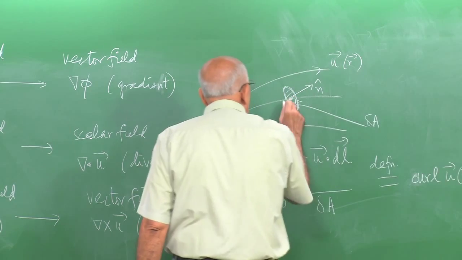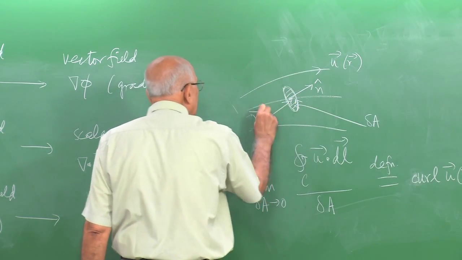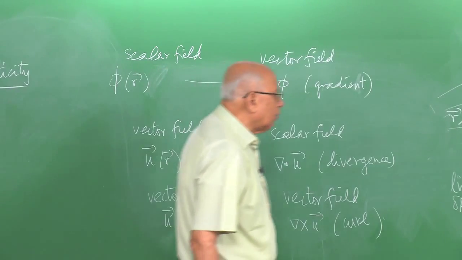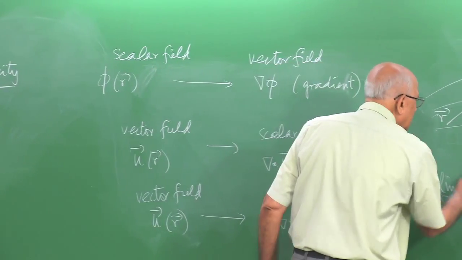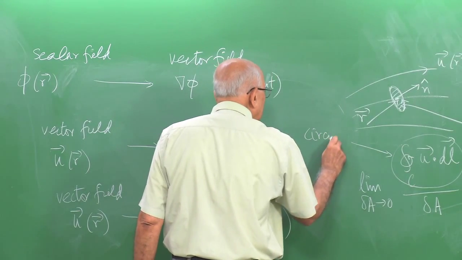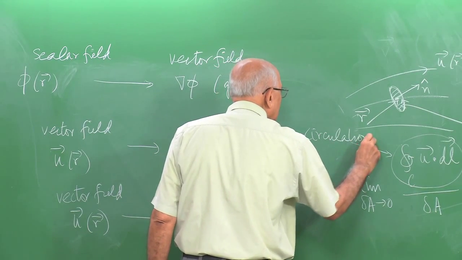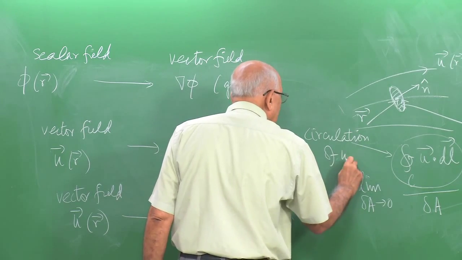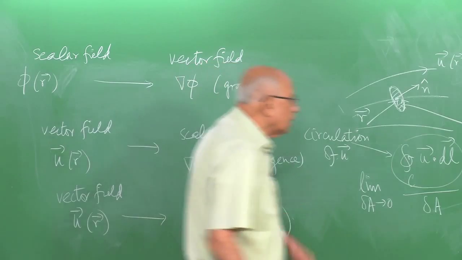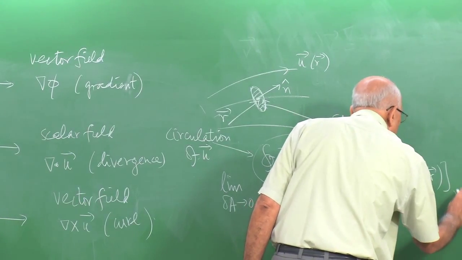So this is the point r in some coordinate system, and the curl of u is defined as the circulation of the vector field. So the circulation per unit area is the normal component, it is the component of this vector along the direction n.